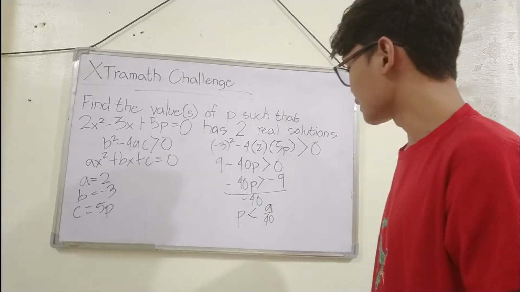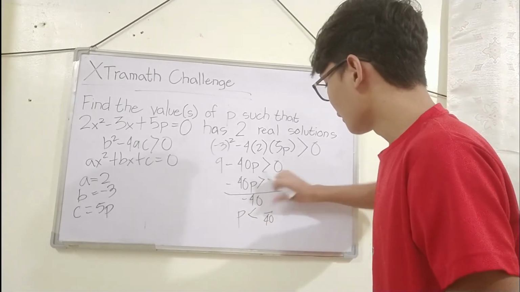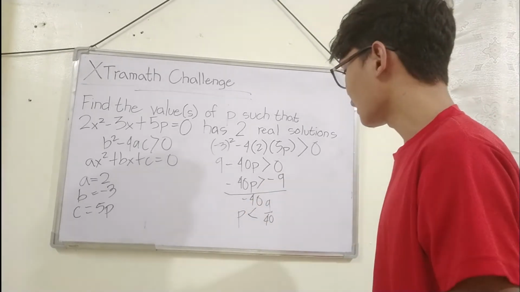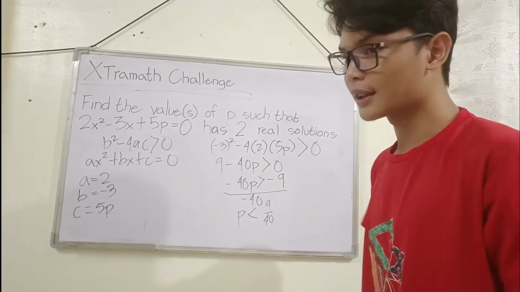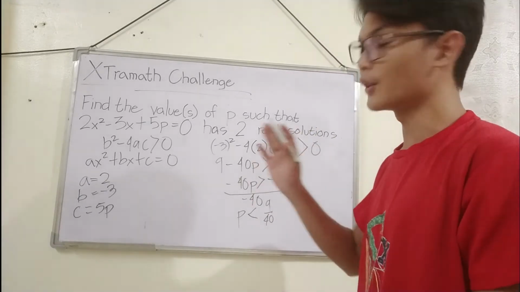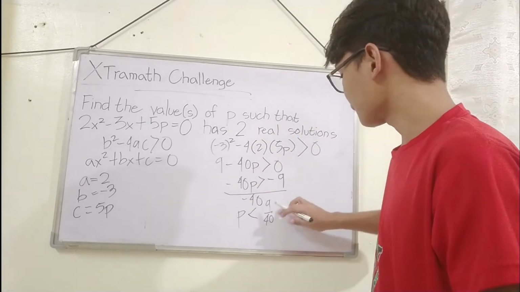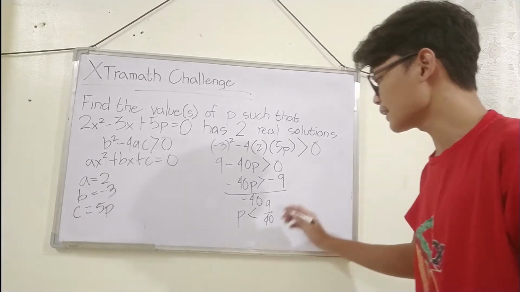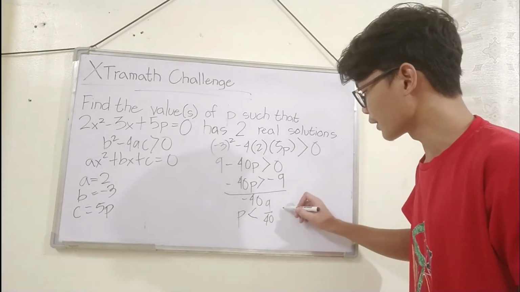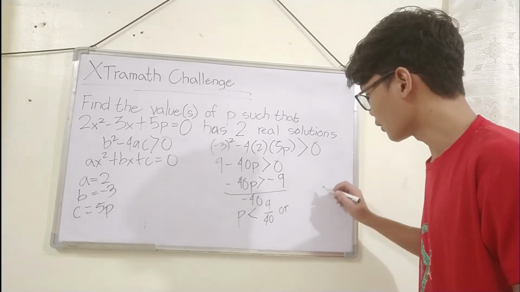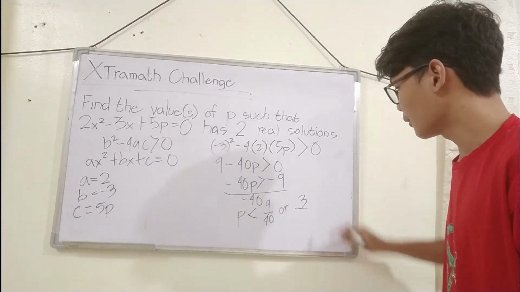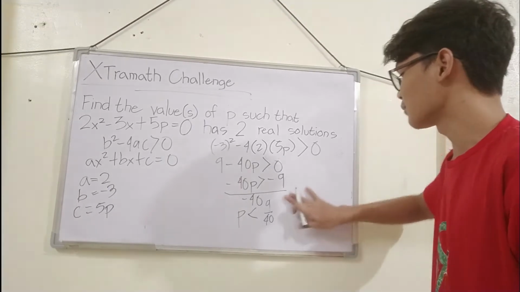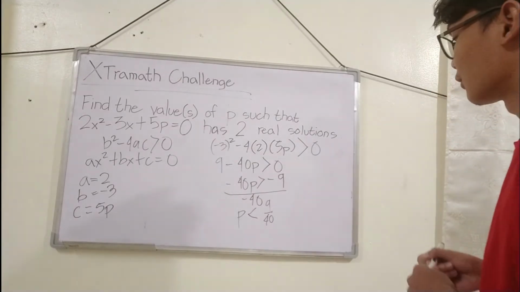Remember that since we divided both sides by a negative number, the inequality symbol gets reversed. So the value of our p is less than 9/40, and that's the simplest form.